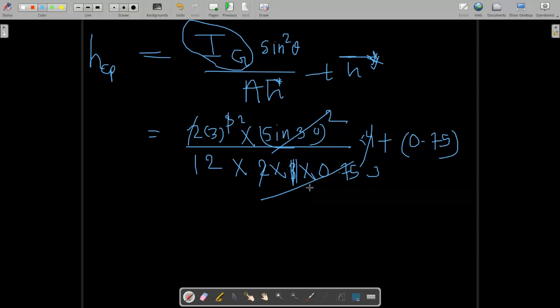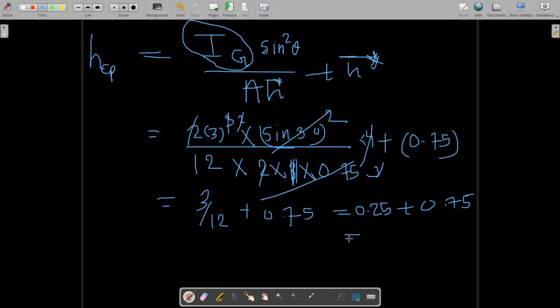So 1 by 4 will come down, it will cancel out, and 1 3 also gone here. That means it is 3 by 12 plus 0.75. So 3 by 12, you can say 1 by 4, it is 0.25, plus 0.75 meter. All this thing in meter. So this center of pressure is 1 meter.